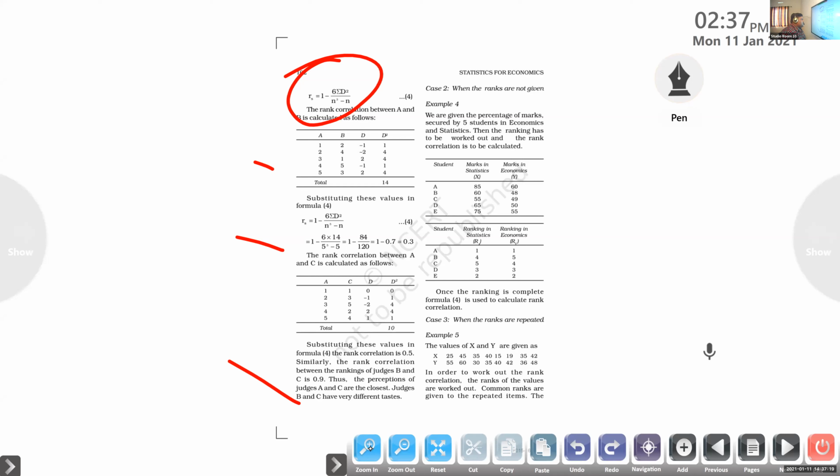There are 5 students, A, B, C, D and E. Marks in statistics in percentage, considered as the set X: 85, 60, 55, 65, 75. Marks in economics, set Y: 60, 48, 49, 50, 51.